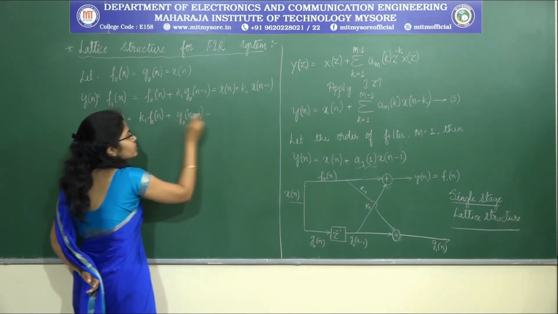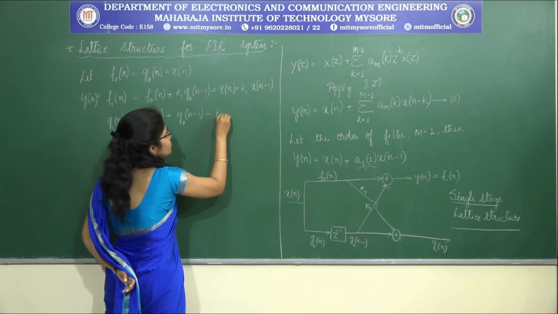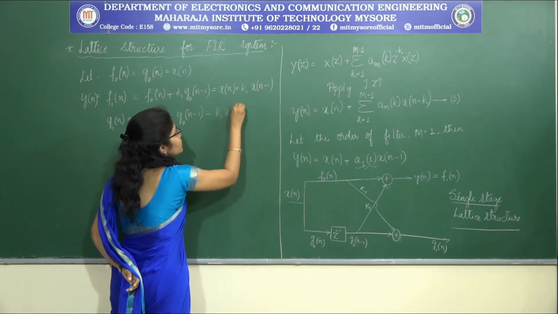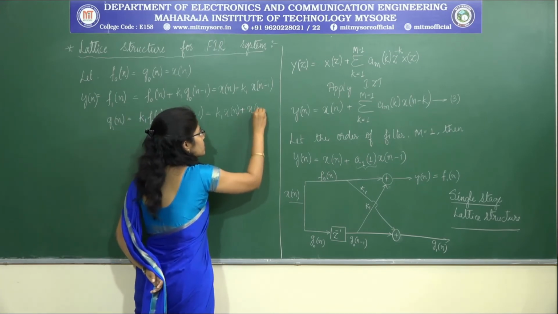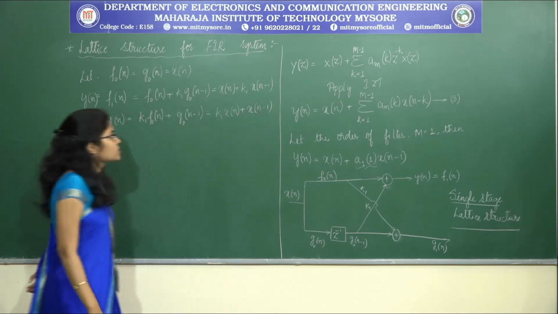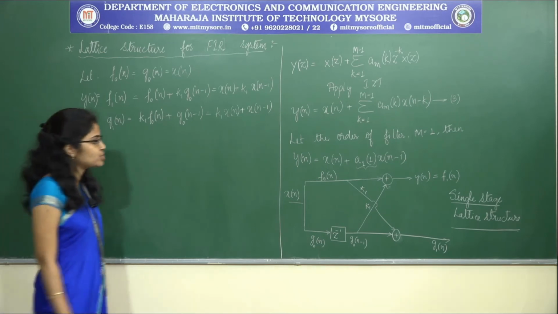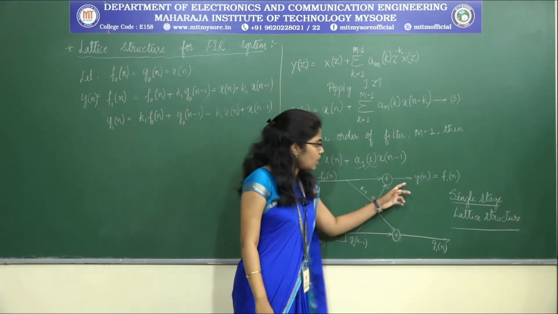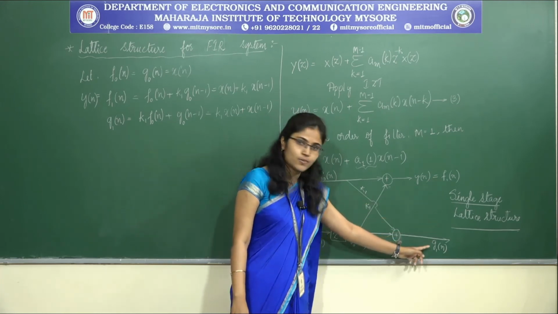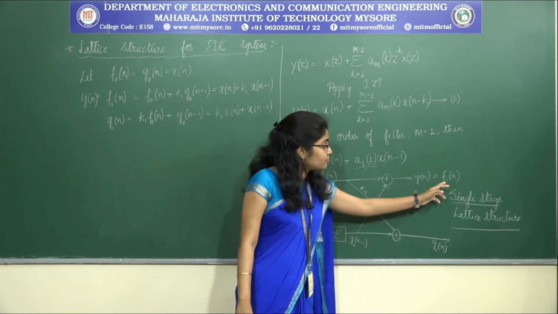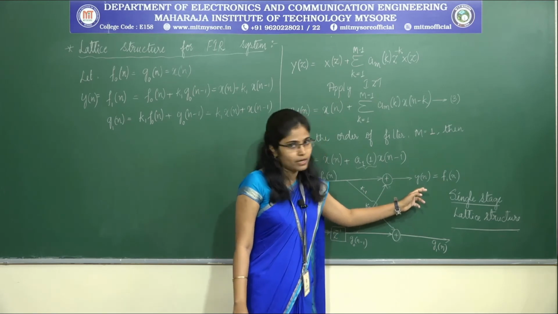We all know f naught of n is equal to x of n. So, k1 into x of n plus g naught of n minus 1 is equal to x of n minus 1. So, these are nothing but the equations of the outputs of single stage lattice structure, that is f1 of n as well as g1 of n, and f1 of n is nothing but equal to our y of n.